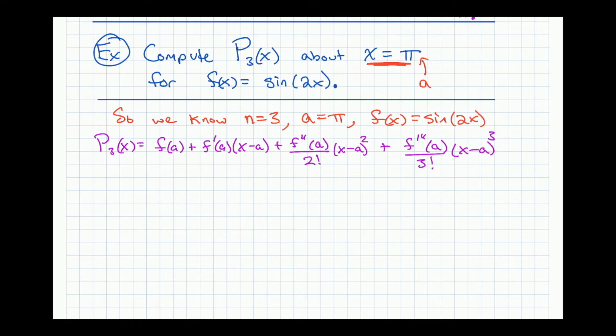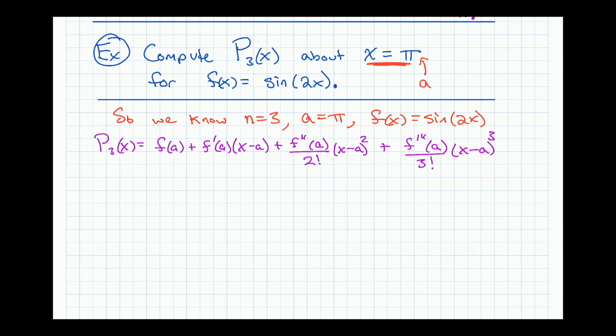Notice how the numbers always agree. Like there's a 3 factorial, third derivative, third power, 3, 3, 3, 2, 2, 2. All right, you know, just be aware of that.